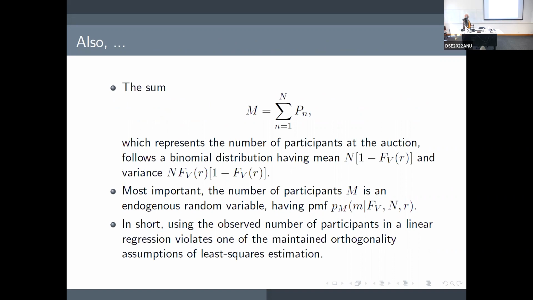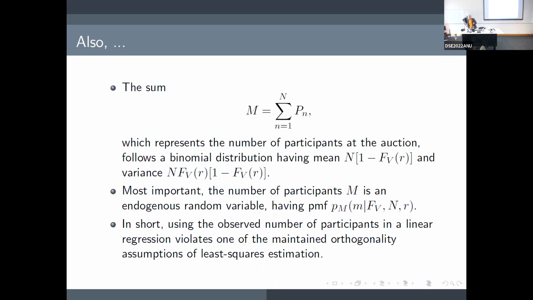And what's really important is that all the theory is done in terms of N. Right? That has to be exogenous. M, on the other hand, is an endogenous variable. So when you see people regressing bids on the amount of realized competition, you know there's a problem. There's an endogeneity problem.